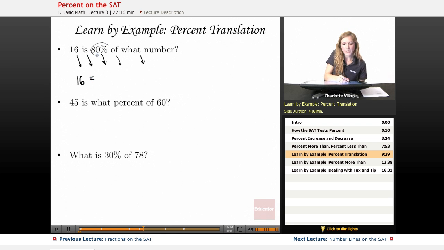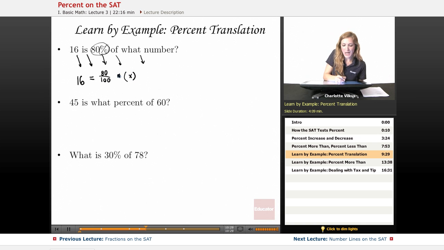Here we have 80%. So we're always going to write those as the number and then put this percent as 100. So the number over 100 of, we said, was a multiplier, and then what number? So that's going to be our x.